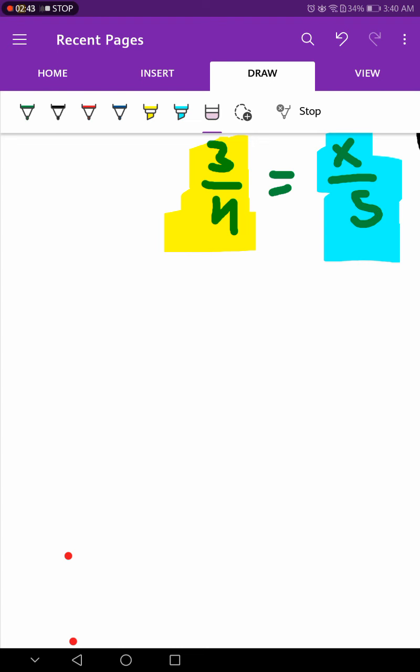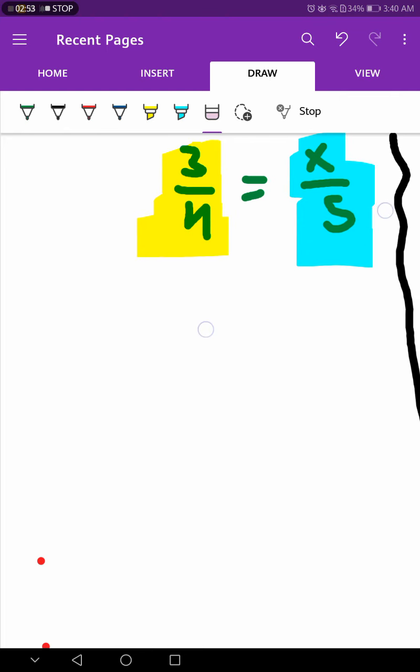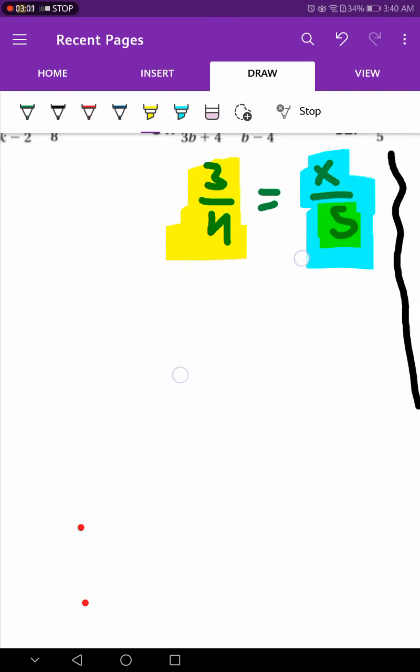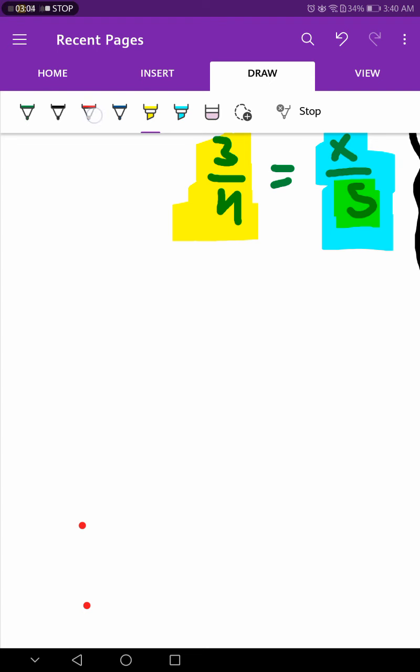Okay, now our mission, my boys, is to solve this equation. As we learned before, after we determine the left and the right, we have to make x alone and happy. To make x alone and happy, we have to break the lock, which is the 5. So we need to multiply left and right by 5.